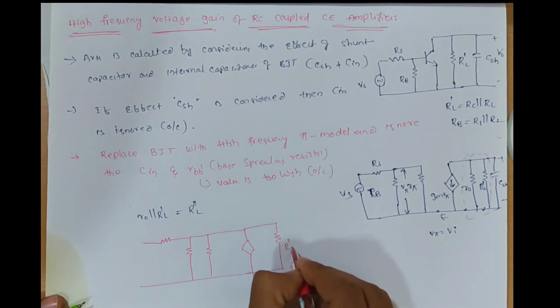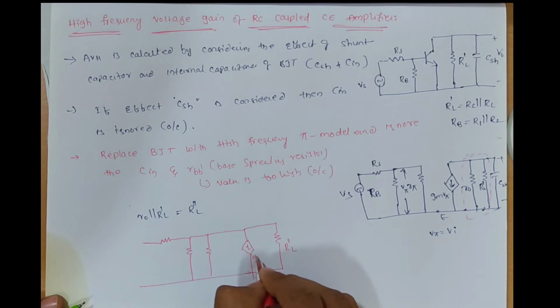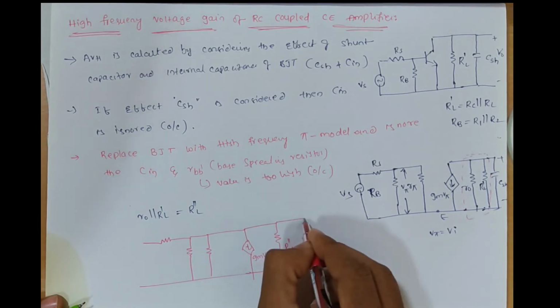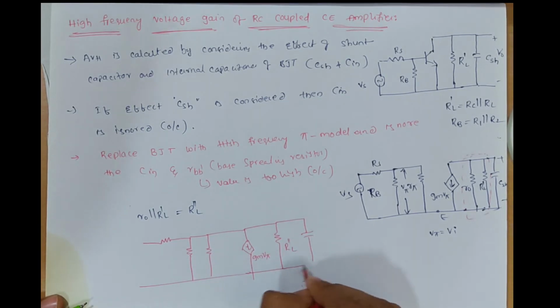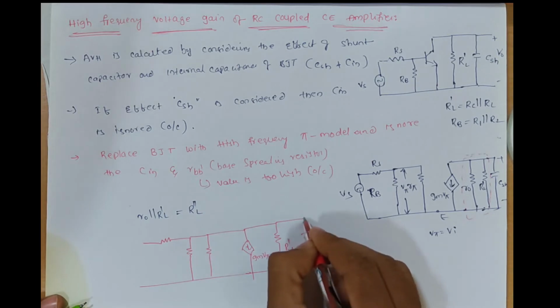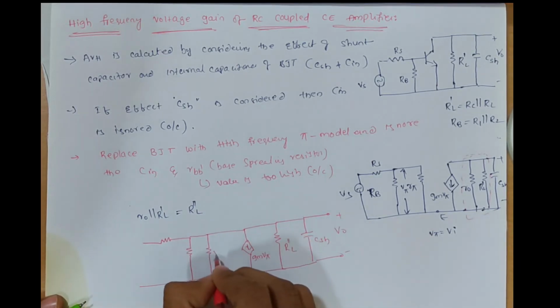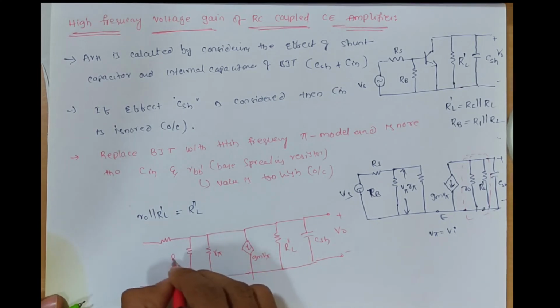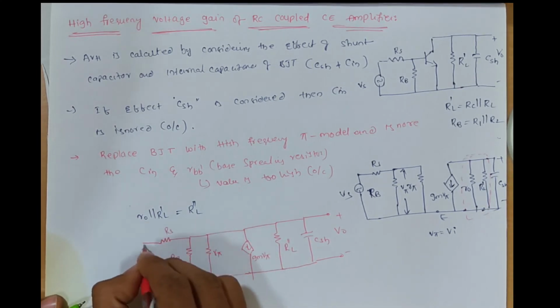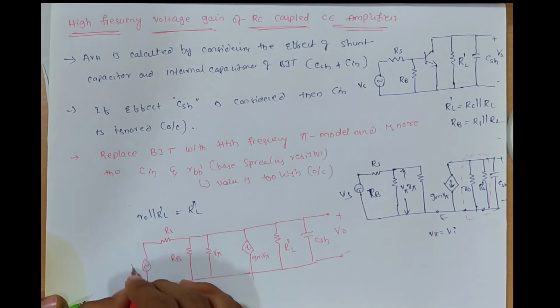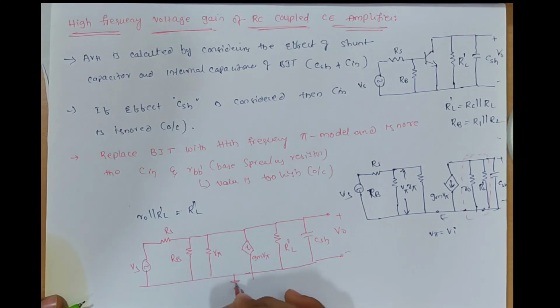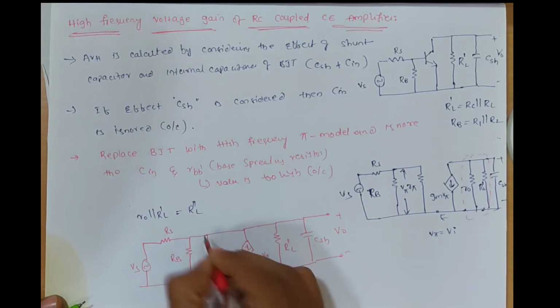This is R double dash L, gm into V pi, this is CSH. We are taking the output across here, plus and minus, this is V0. This is r pi, this is RB, RS, this is VS.